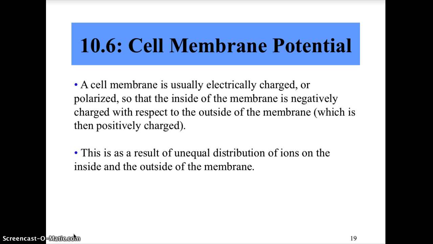The membrane potential then is resulting in this charge due to the unequal distribution of ions on both sides of the membrane. So that resting neuron cell membrane, or the cell membrane resting potential, is polarized or electrically charged because you have those differences.